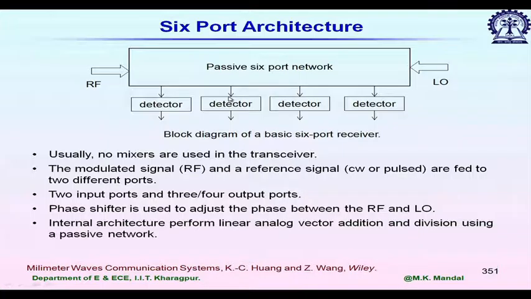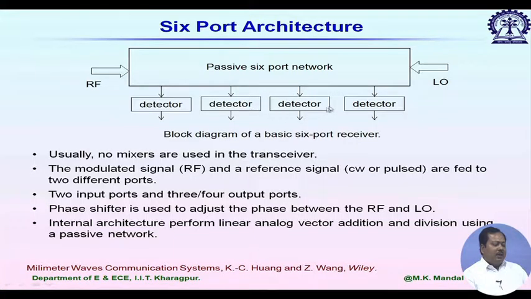So, let us see what the different functions of the ports are. We have 6 ports here. One port is used for the incoming RF signal, the second port is used for the local oscillator, and the remaining 4 ports are connected to detector diodes.